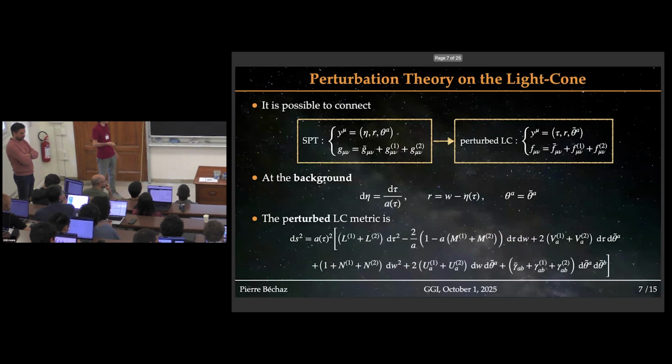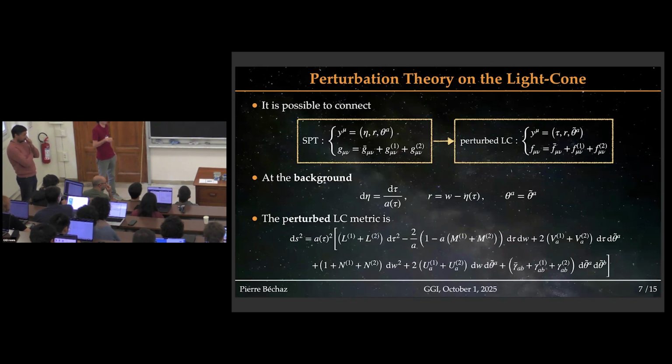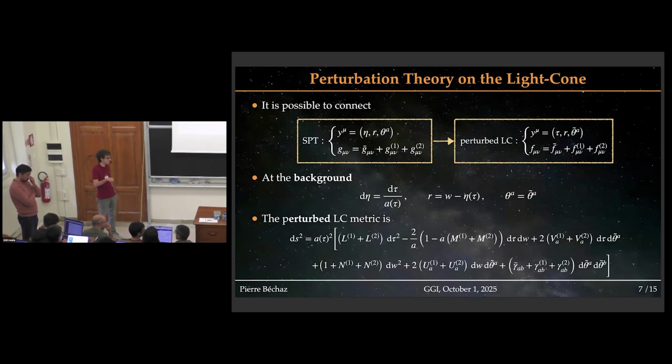Instead, when you work in perturbation theory, then you do that, and you can compare the fully nonlinear light cone GLC metric with this metric here, and then you can get the perturbative counterparts of epsilon at the first order and at the second order.